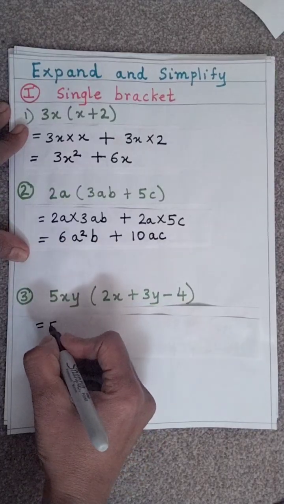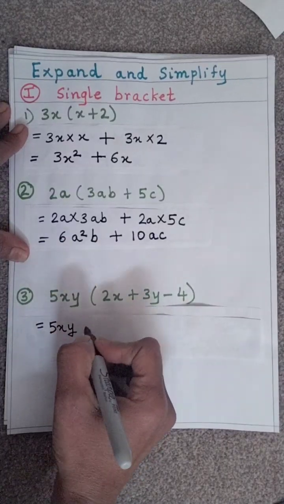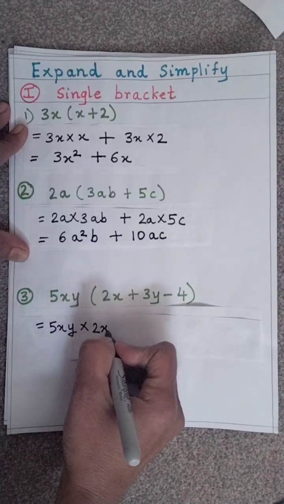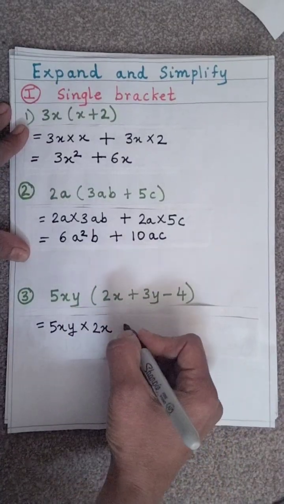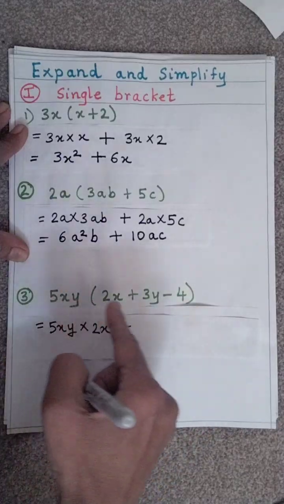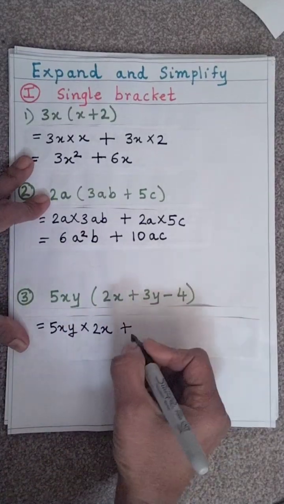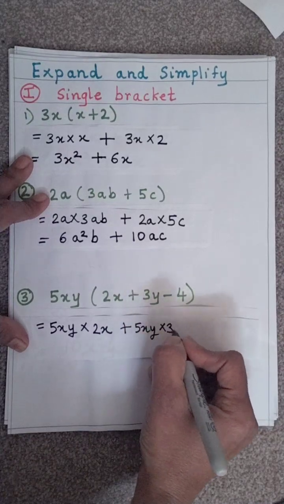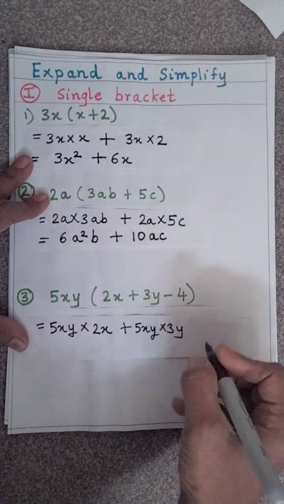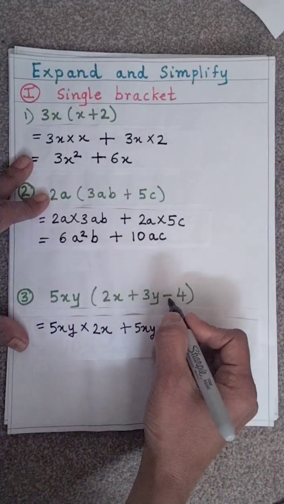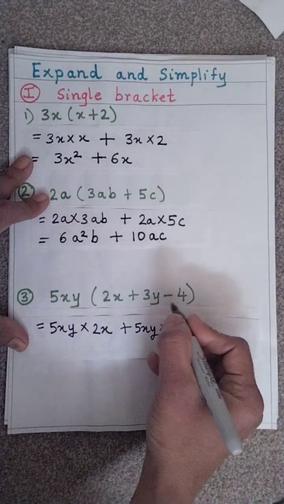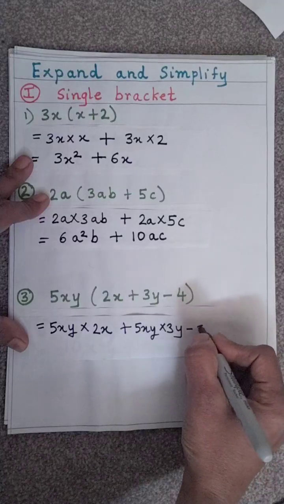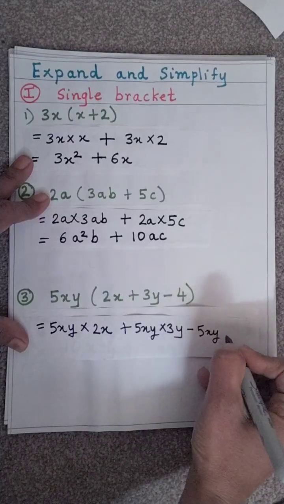So 5xy times 2x, one term. Second, 5xy times 3y, and then it is not plus this time, it is minus, minus 5xy times 4.